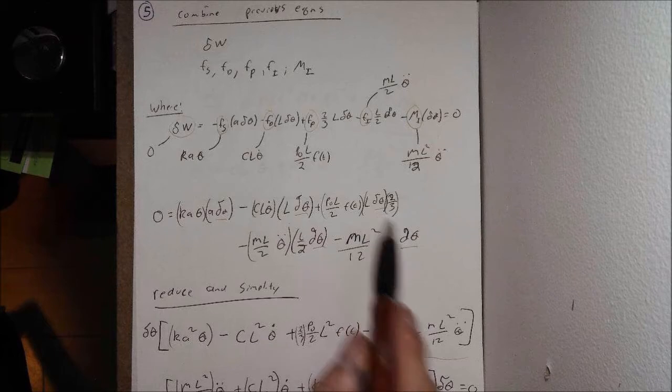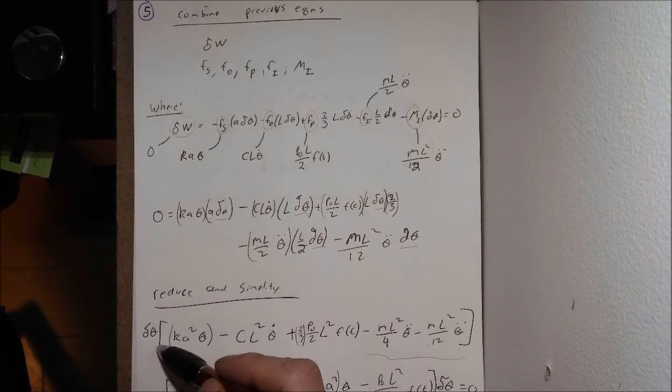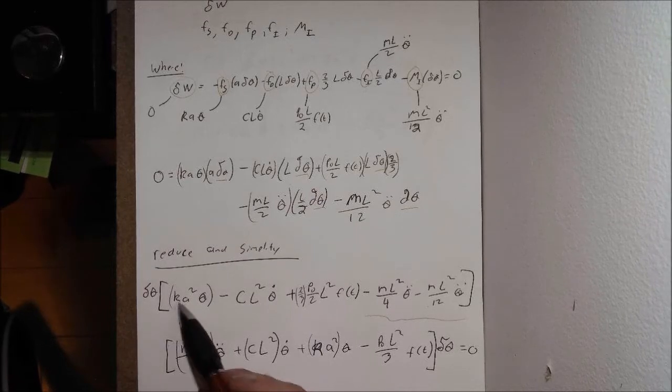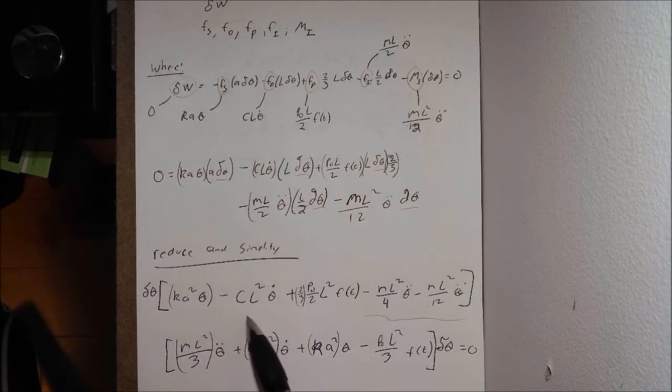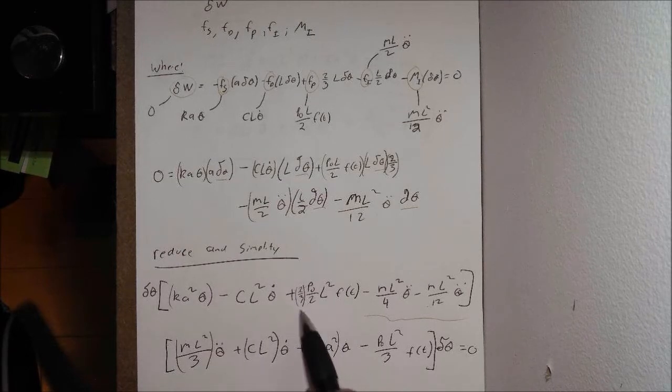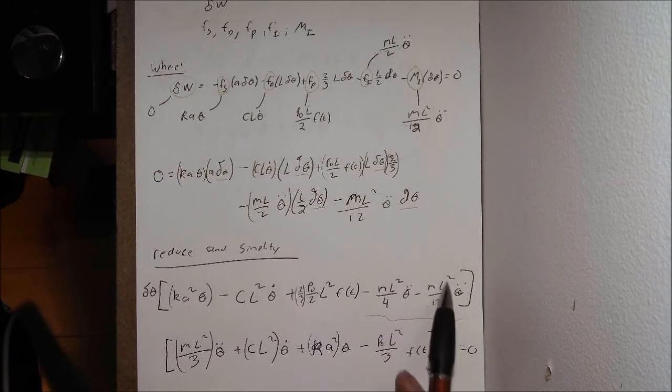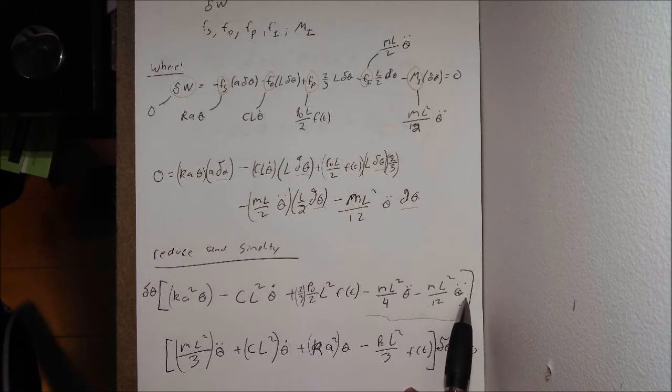We can pull delta theta out of this whole thing. So we pull our delta theta out front here. Delta theta times our ka squared theta, minus cl squared theta dot, I'm going to pull this out front as well, plus 2/3 of p naught over 2 times L squared f of t, minus ml squared over 4 theta double dot, minus ml squared over 12 theta double dot.